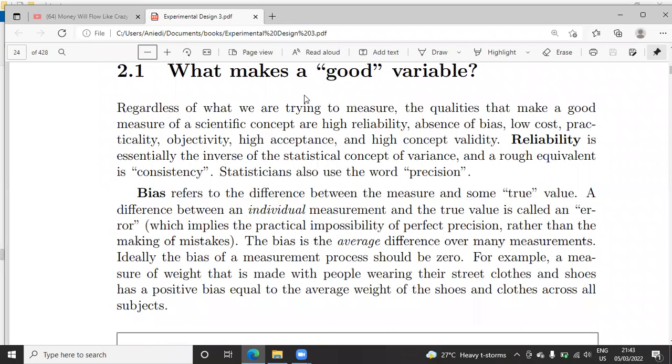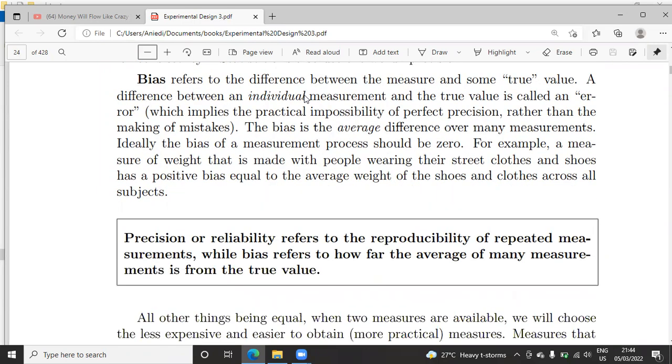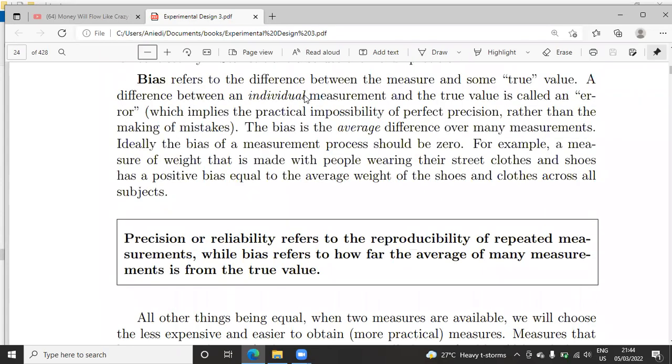Reliability is essentially the inverse of the statistical concept of variance, and a rough equivalence is consistency. Statisticians also use the word precision. So we will skip all this definition, but let's take the definition of bias.